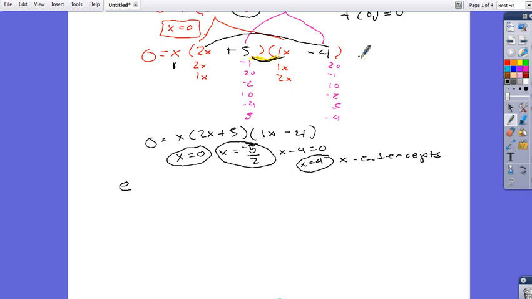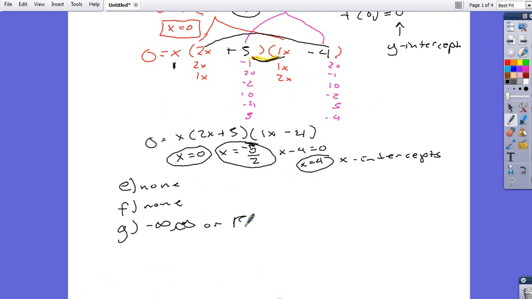Y-intercepts. Okay, so E, none. F, none, and the domain G is negative infinity to infinity, or all real numbers.